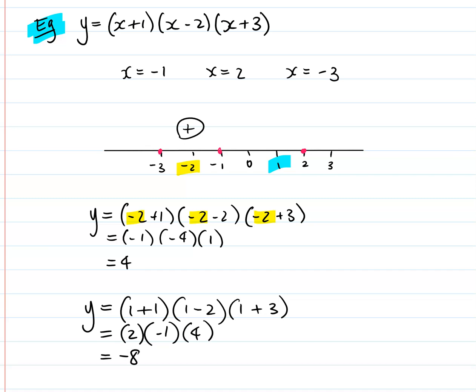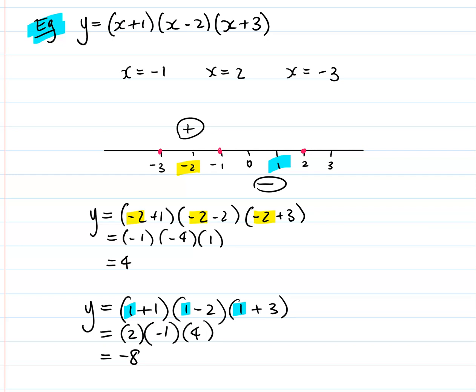And that equals -8. So I can see that at x equals 1, y will be -8, which is a negative number. And that tells me that between -1 and 2, the line will sit below the x-axis.